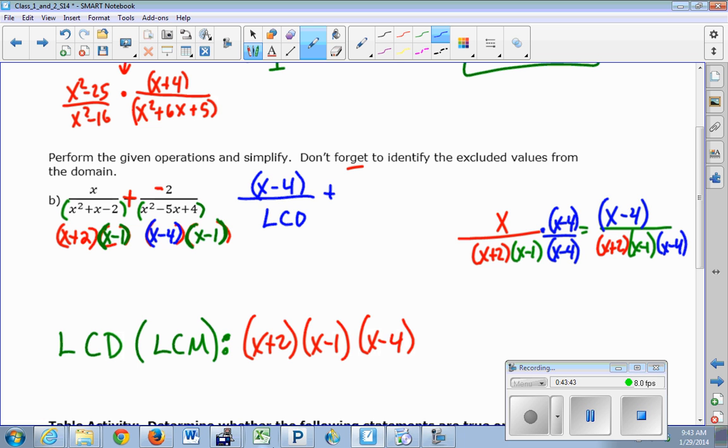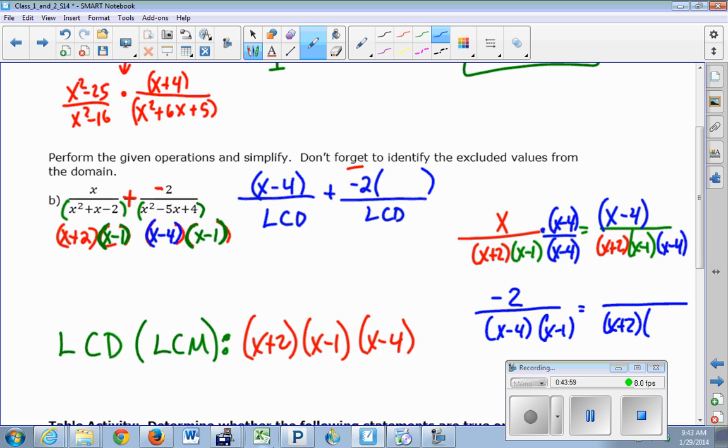Plus, now I have a negative 2, and I'm going to multiply negative 2 by something. So let's look at the second fraction there. We've got negative 2 over x minus 4 times x minus 1. And we want to change it to this denominator.